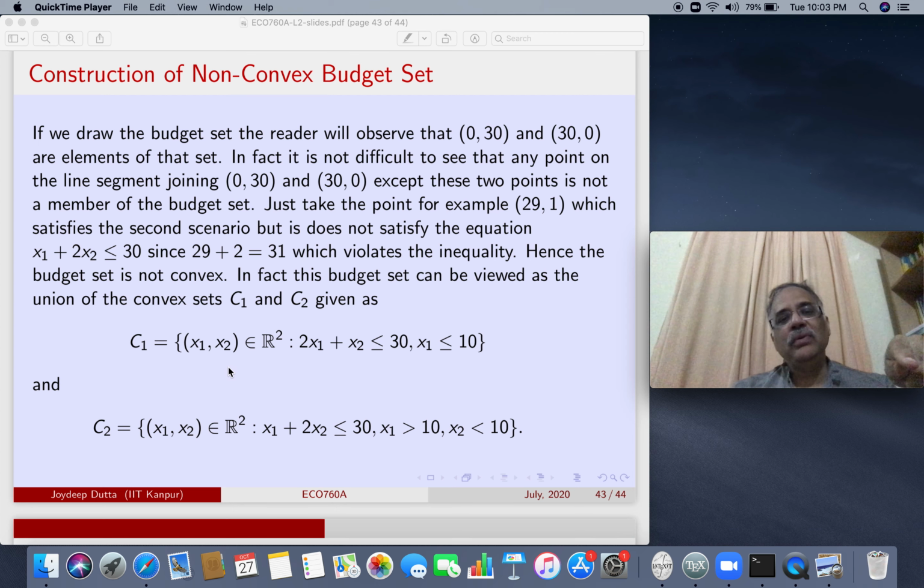So this C1, this budget set, will give me 2x1 plus x2 less than or equal to 30. The 2 is P1, P2 is 1, and x1 is less than or equal to 10. Suppose I decide, because I can buy any amount of x2, if I take x1 to be 0, then I can buy x2 to be any quantity between 0 and 30.